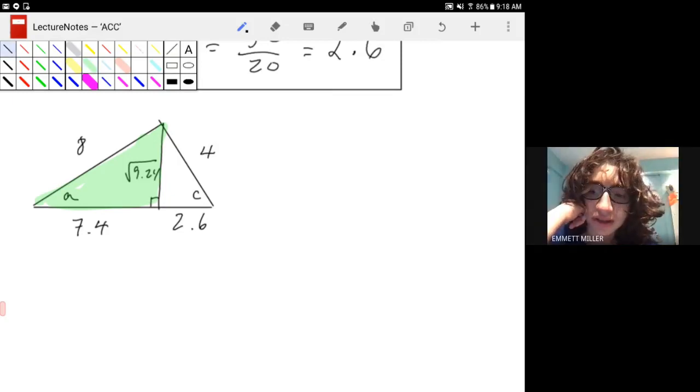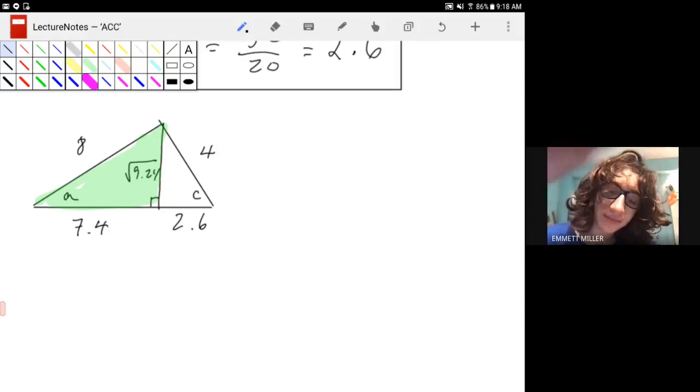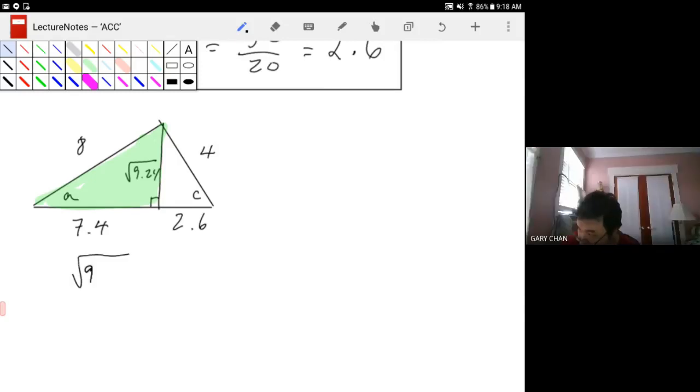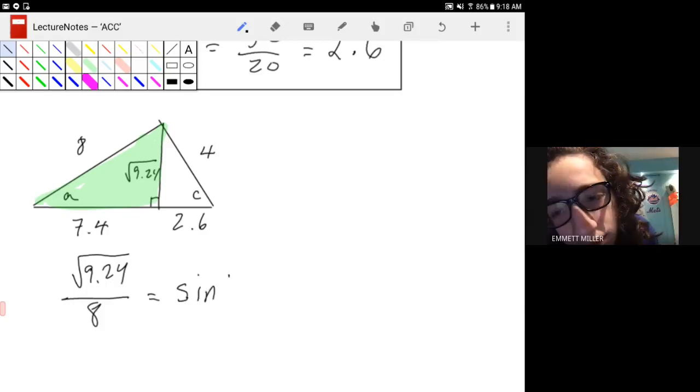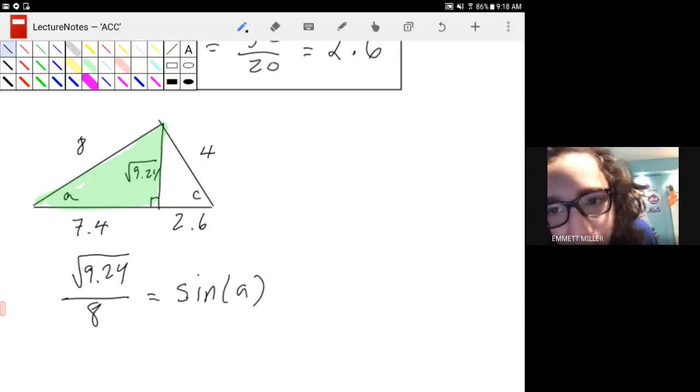So 8 and 9.24. The square root of 9.24 divided by 8 will equal tangent of A. Sine of A, actually. Oh, right, it's the hypotenuse. I was thinking of 8 and 4 still.